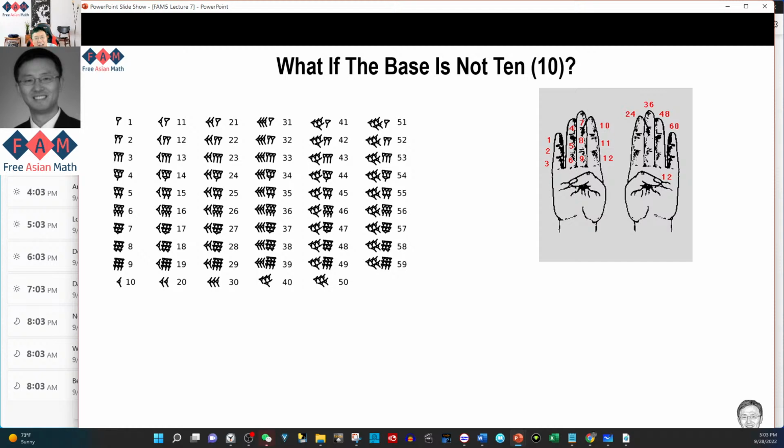But 12 is also a good number in the sense that it's not that big. It's just 2 bigger than 10, but it has many more divisors than 10, right? You have 2, 3, 4, 6, and of course 12 itself. With 10, you only have 2 and 5 if you exclude 1 and 10. That means that when you try to divide something equally, the base 12 system has a lot of advantage.